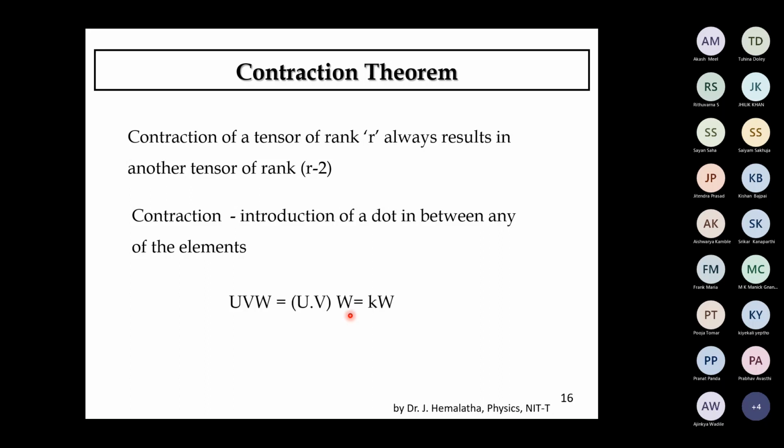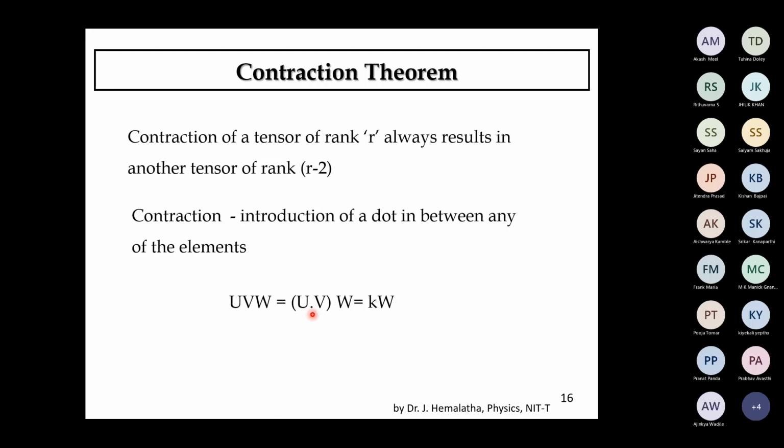For example, UVW I have taken. In our example, UVW are the vectors, that means tensor of order 1 each. Now, you do an operation called contraction. In tensors, this operation is allowed. That means incorporating a dot product. In between U and V, I am doing the contraction process.